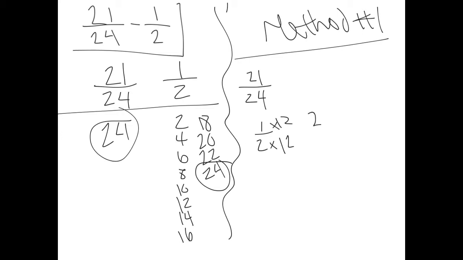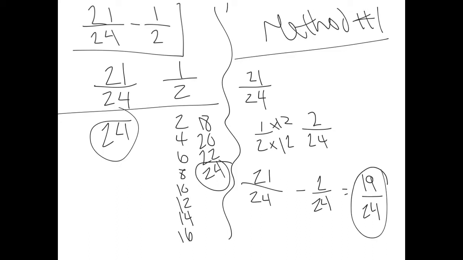So it's 12/24. Then we will subtract. 21/24ths minus 12/24ths equals 9/24ths. That can be simplified, so that is the answer.